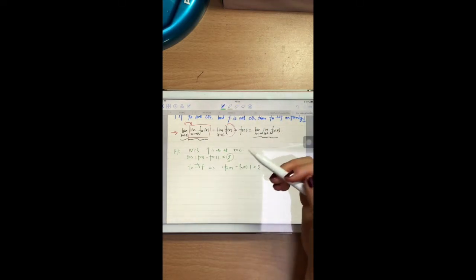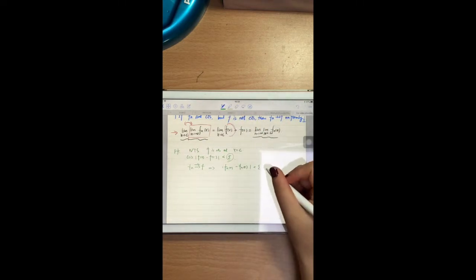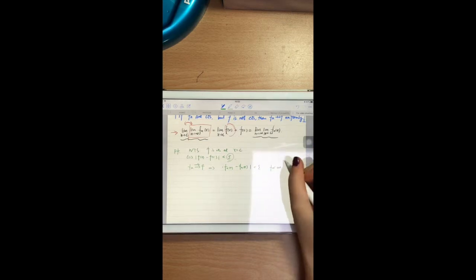It doesn't matter, it's just a positive number, for all n larger than capital N.